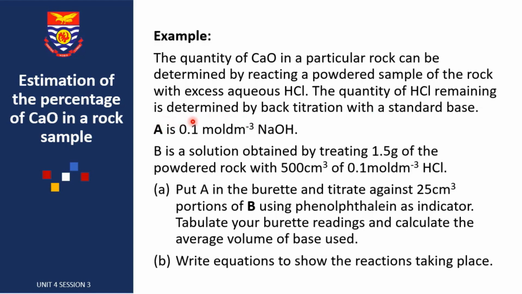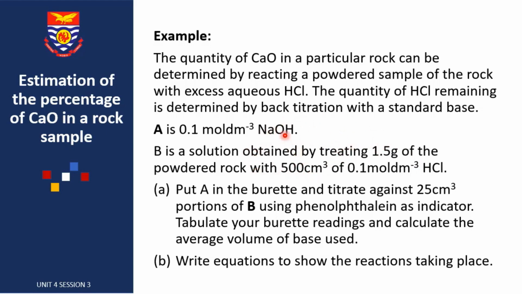A is a 0.1 mol per dm cubed sodium hydroxide. B is a solution obtained by treating 1.5 grams of the powdered rock with 500 cubic centimeters of 0.1 molar HCl. Now, before we proceed, let's see if we can draw something from here.